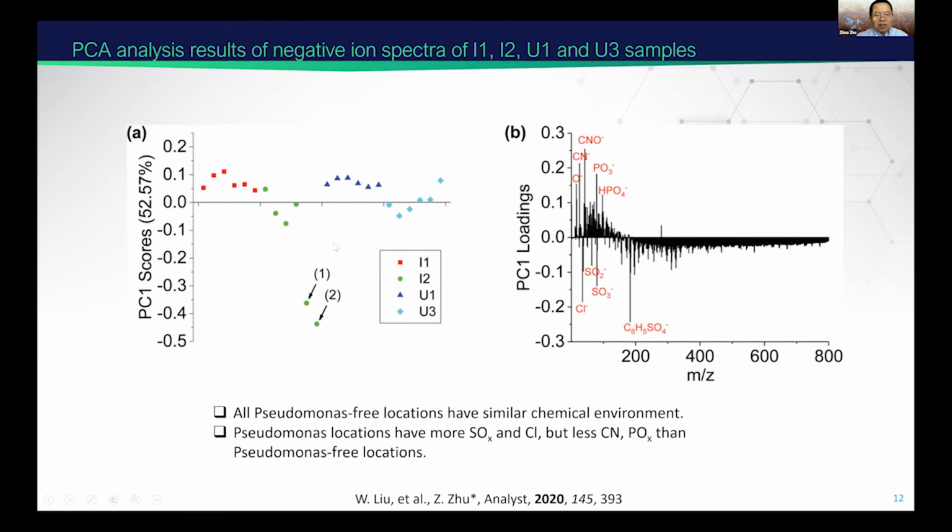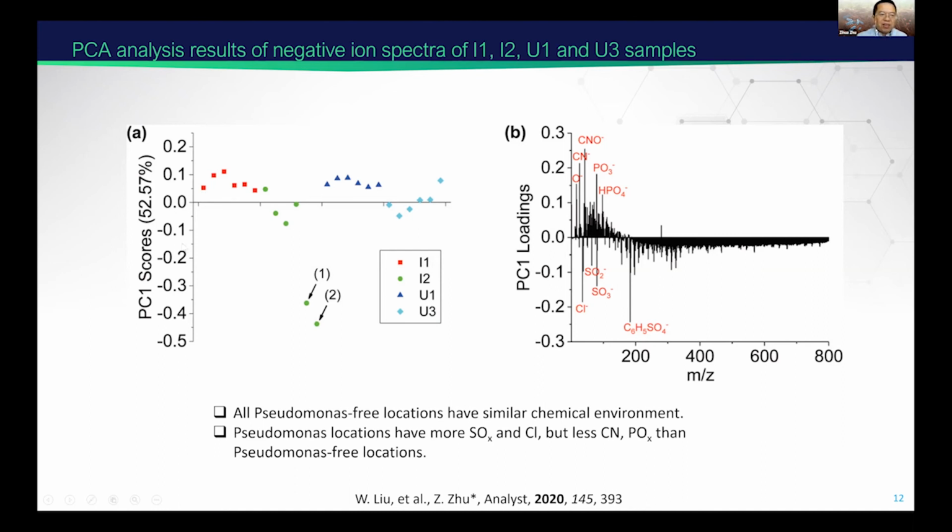But what's the chemical difference between the Pseudomonas-free and the Pseudomonas-attached areas? We need to go to the PC1 loadings. In the PC1 loadings, the positive loading is oxygen, CN and phosphorus-related species. The negative loading is chlorine and sulfate, SOx-related species.